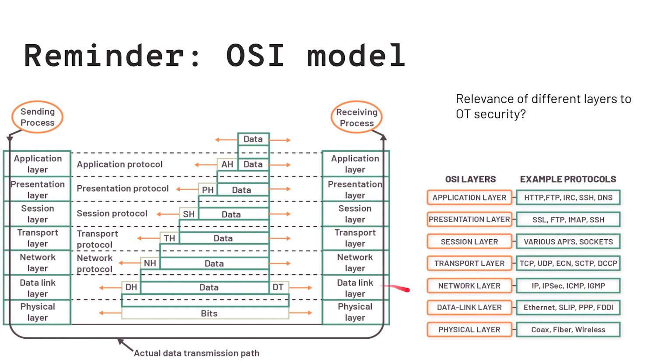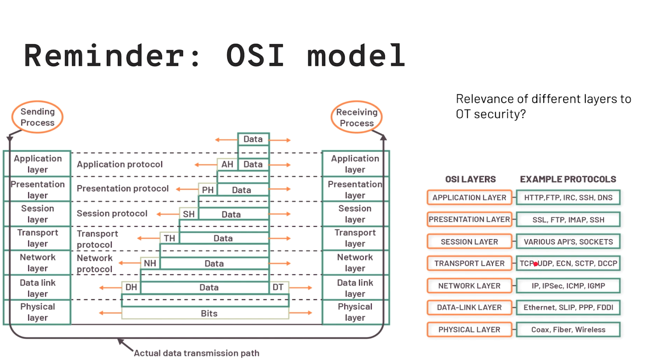Moving up to IP, we do have more and more connections using IP routability, and we'll see how you can have layer 3 security with IPsec or other protocols. Transport layer, TCP, is relevant when we have remote connections.